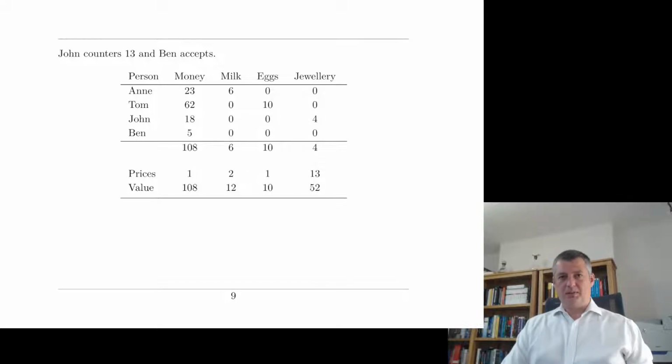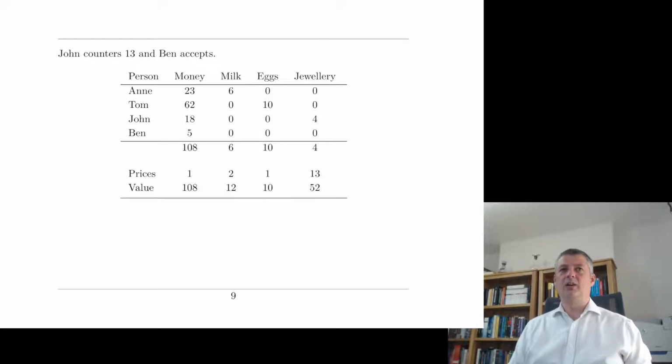So what just happened? Well, what happened is the market value of a piece of jewelry dropped from £15 to £13. Because everyone else saw this transaction happen, and nobody's going to go and pay John £15 for a piece of jewelry that was available to Ben for 13.